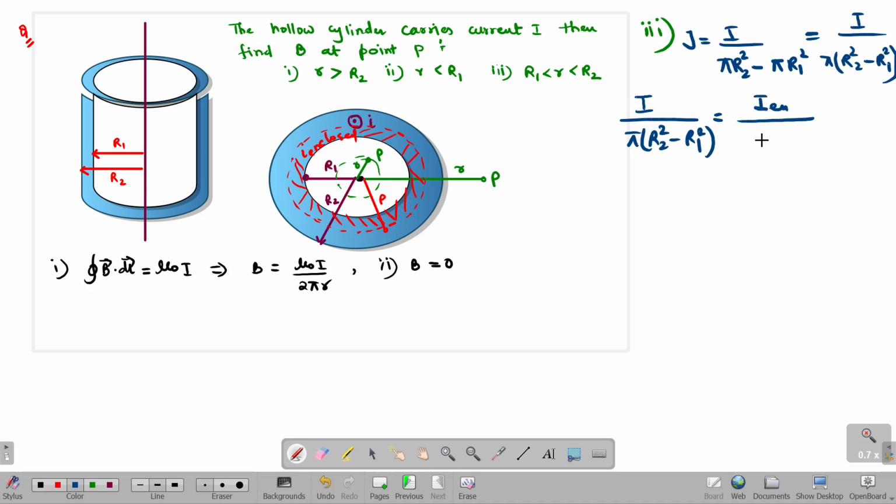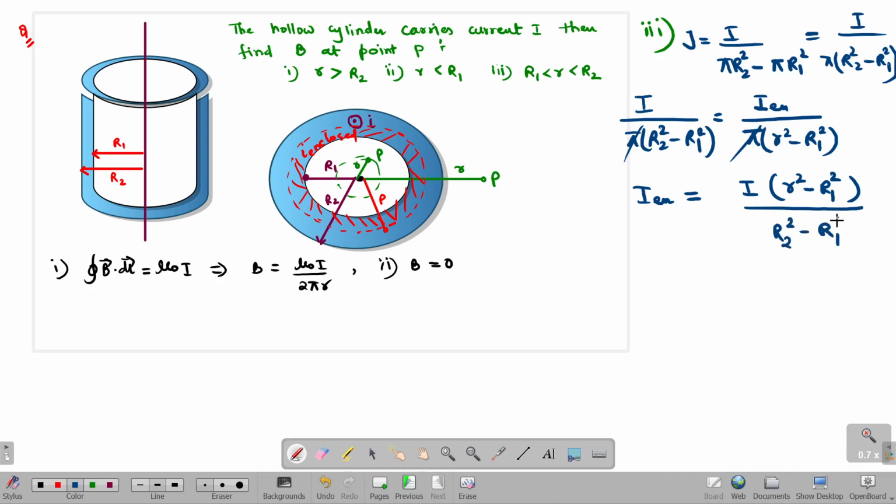So I enclosed, this time it is pi, small r square minus R1 square, because in the R1 square region there is no current density. Are you able to get me or not? In R1 square there is no current. Here it is vacant space or not. So I enclosed is I times r square minus R1 square divided by R2 square minus R1 square. Is that clear?